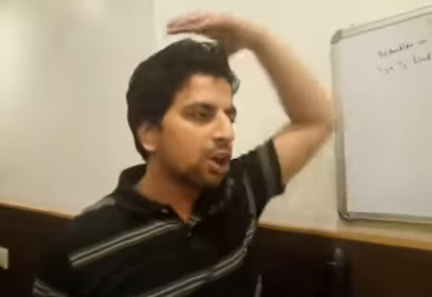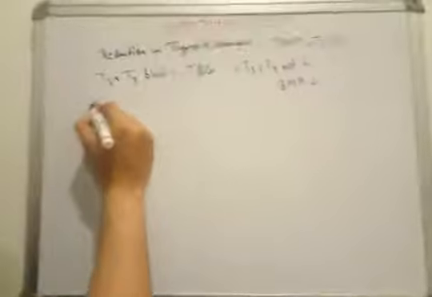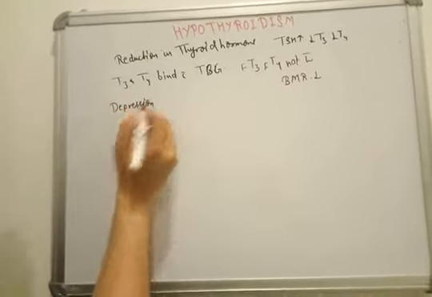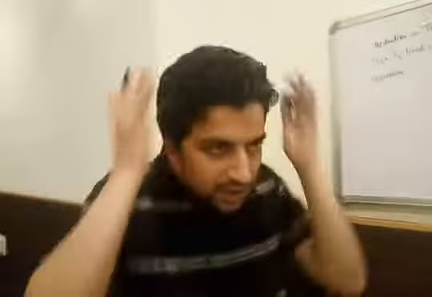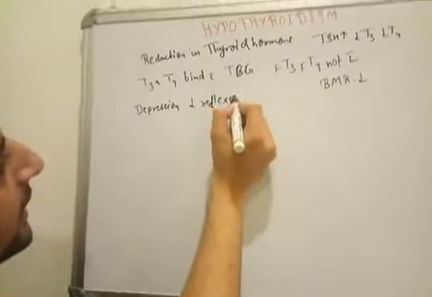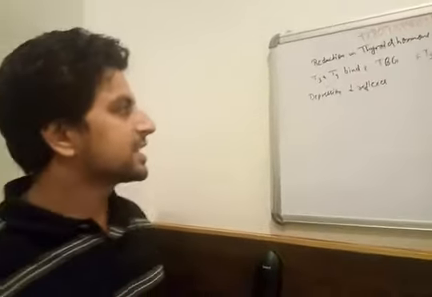If we think about the CNS, there is depression, decreased activity of the CNS. From top to bottom we are going to come. Depression, and what does our brain control? Reflexes. So reflexes, my dear friends, decrease here. All the reflexes of the body decrease.